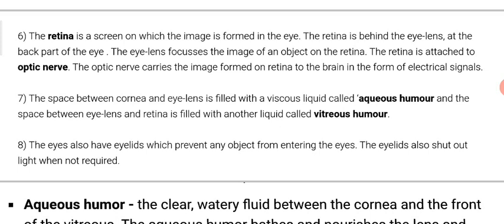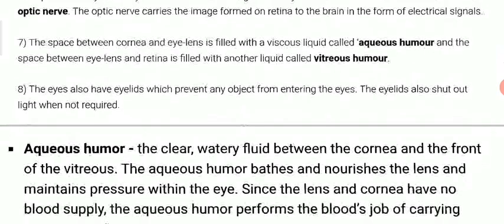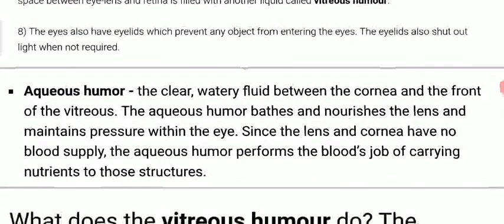We will now see the functions of aqueous humor and vitreous humor also. This is where they are placed: between the cornea and the eye lens there is aqueous humor, and between the retina and the eye lens there is vitreous humor. These are liquids present in the eye.